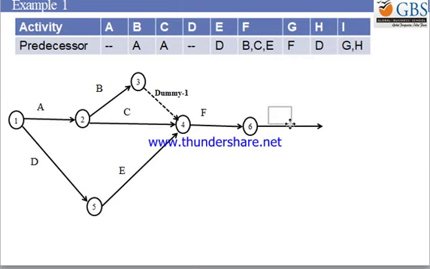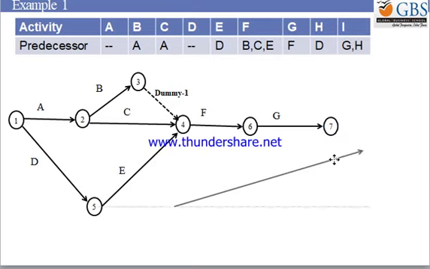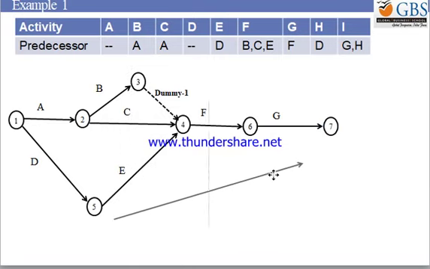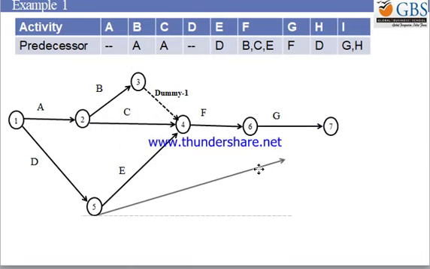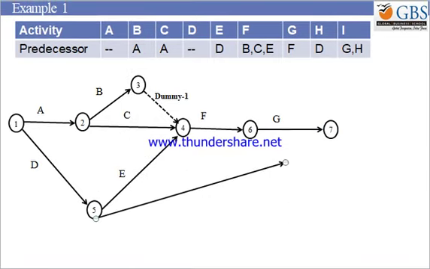I've drawn G. Number that as maybe 7. From D, I need to draw H. Yeah, I'll draw H here. Call it H. Now look at it.